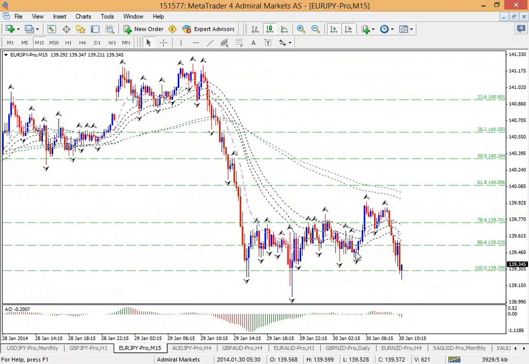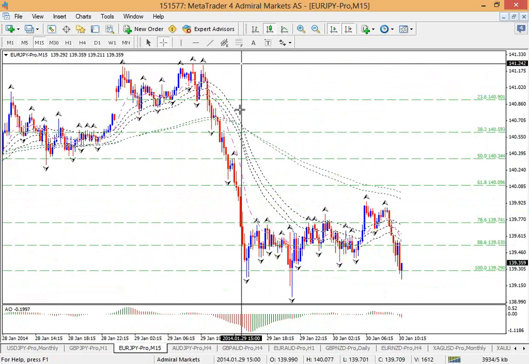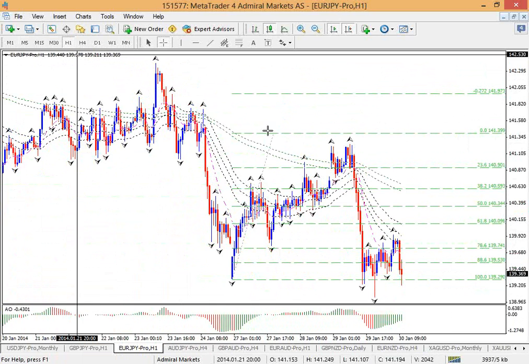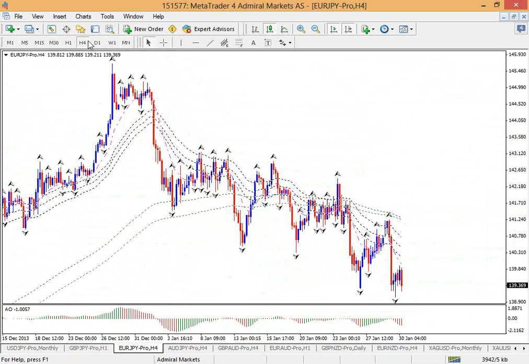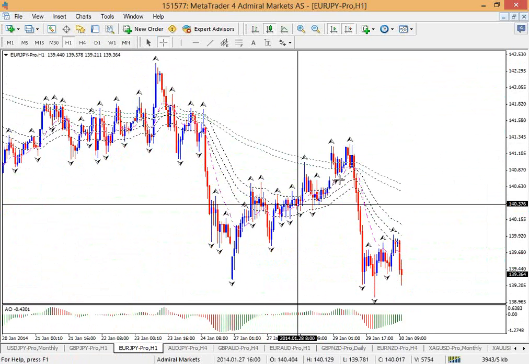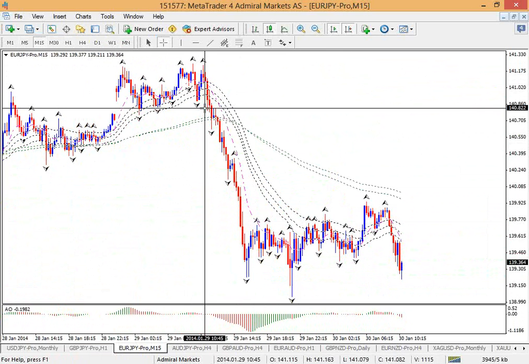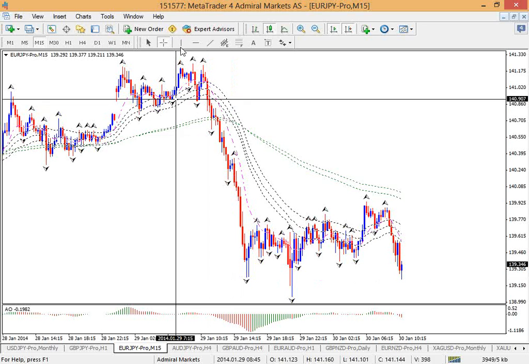But anyhow, Euro yen is also moving down after a sturdy fall yesterday. 200 pips down, almost in one shot.